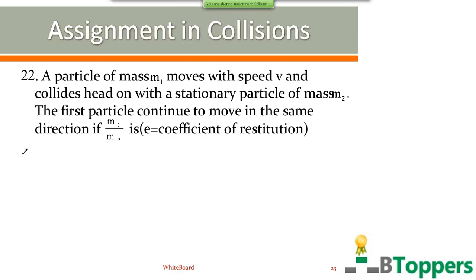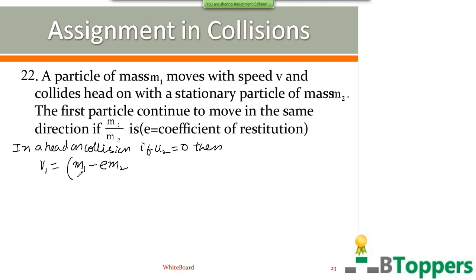If you remember one of the results I have written in the past, you can answer the question very fast. So in a one-dimensional collision, if the initial velocity of the second particle is 0, then v1 can be written as (m1 minus e m2) by (m1 plus m2) into u1.